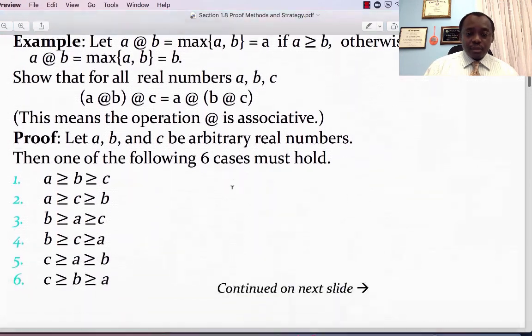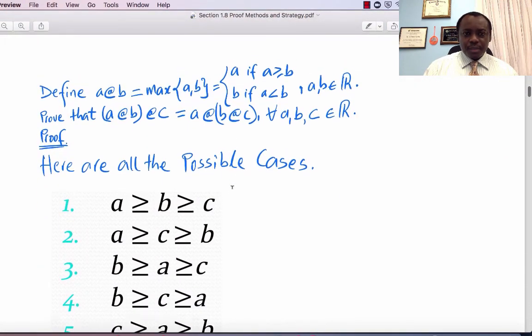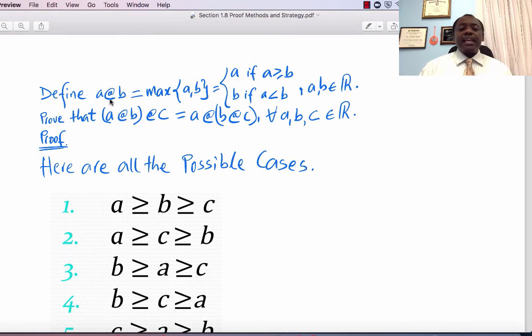I will take you to my own personal screen and reword the problem. So define the maximum of A and B as A if A is greater than or equal to B, and it will be B if A is less than B. A and B are real numbers. And the question is, prove the associative property given.